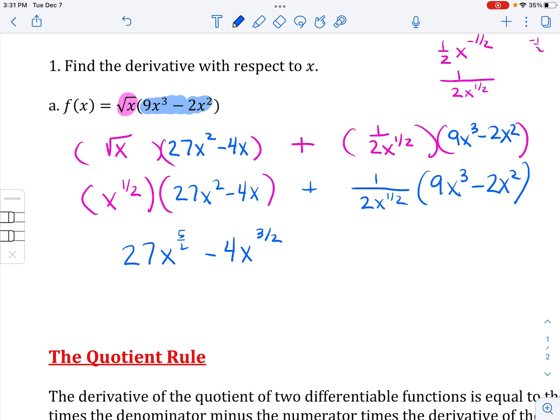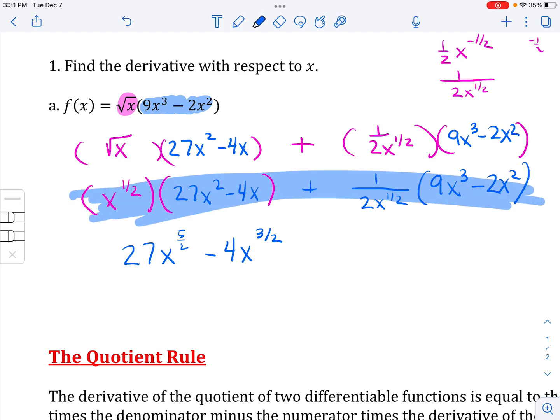So there we go. So if I distribute this, this times this is this, this times this is this. And again, you don't have to do that on the test. If all you did was get this part here, I'm okay with that.